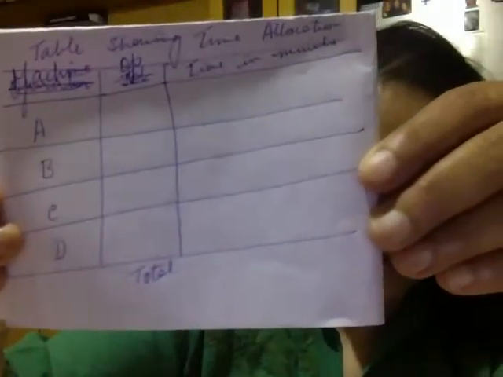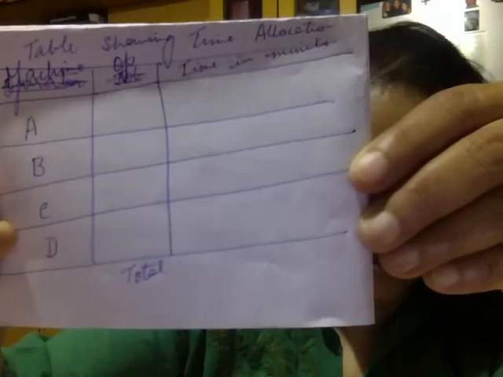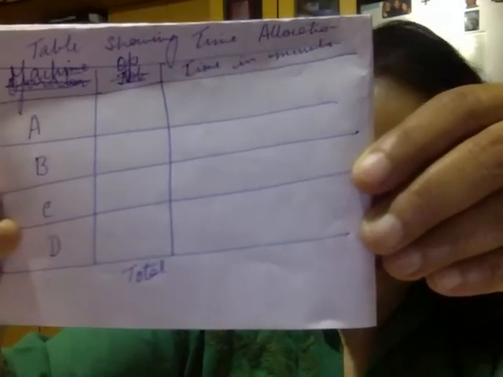The heading of the first one is machine. The second one is operator. Sorry, I followed the book. Machine and operator.